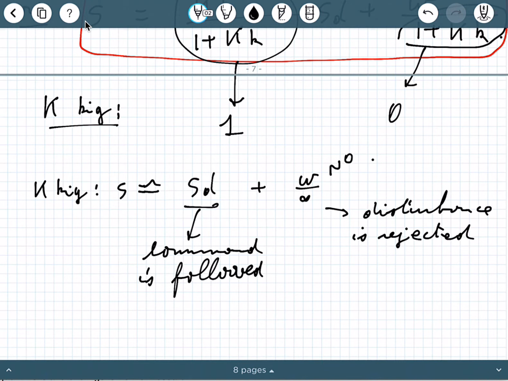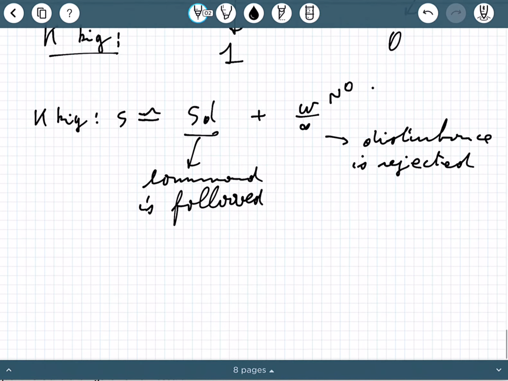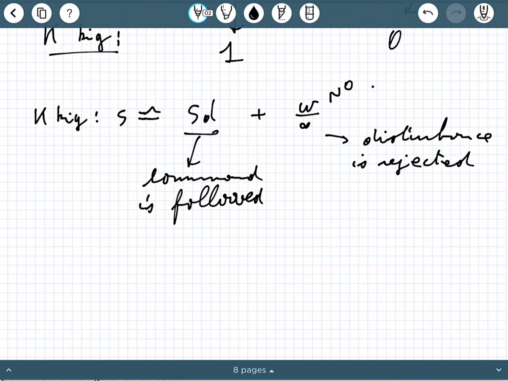So this would be great. And lots of people might think, well, why not use a large K all the time? So should we use a large K all the time?